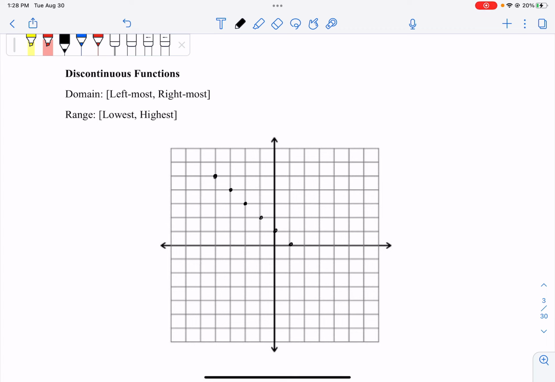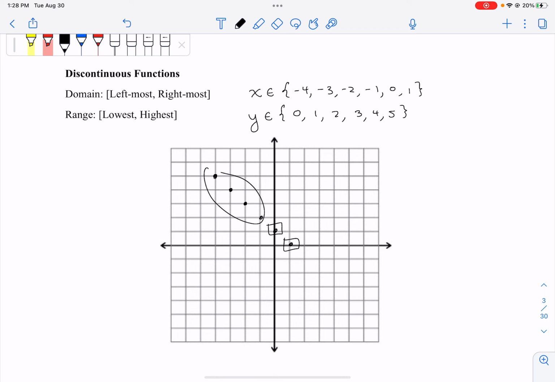From left to right, x is an element of the set of numbers -4, -3, -2, -1, 0, and 1. And for our range, y from lowest to highest is an element of the following set of numbers: 0, 1, 2, 3, 4, 5. Because that's what the y values are for all these over here.